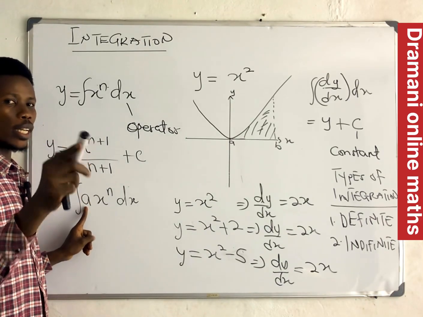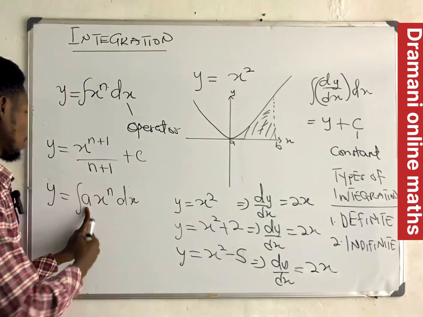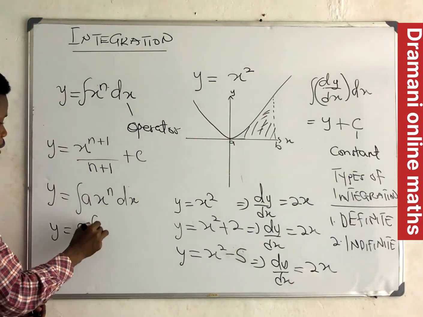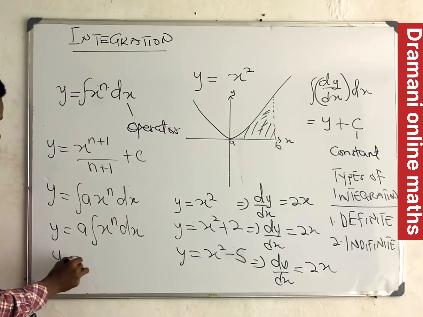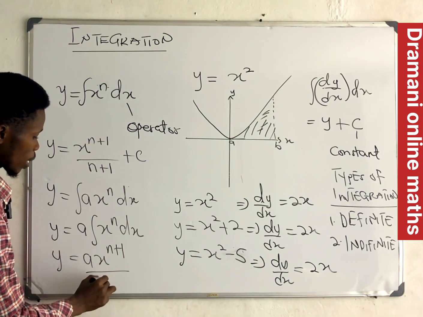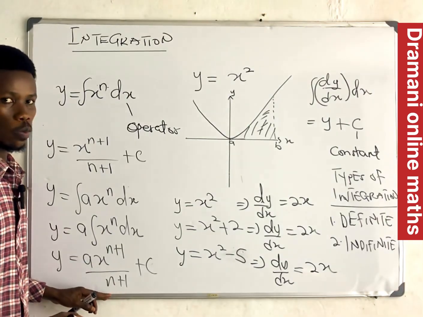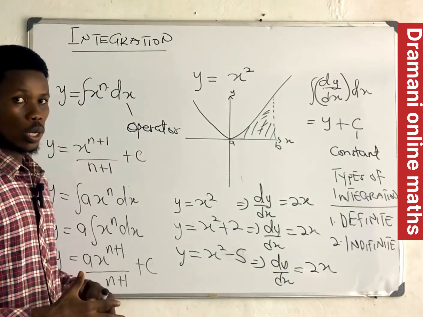Anytime you are integrating and there's a constant, there's a beautiful thing to do: bring out the constant, then you integrate. So my y will be equal to a times x to the power n plus 1 divided by n plus 1, plus C. This is beautiful. This is how we do the integration.